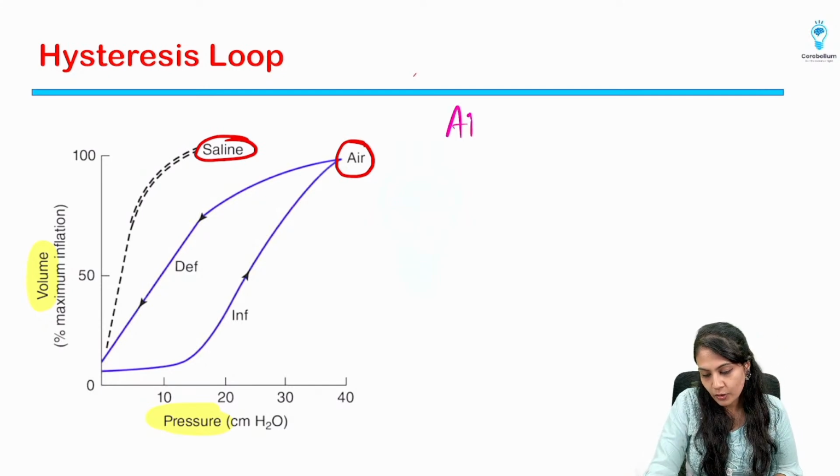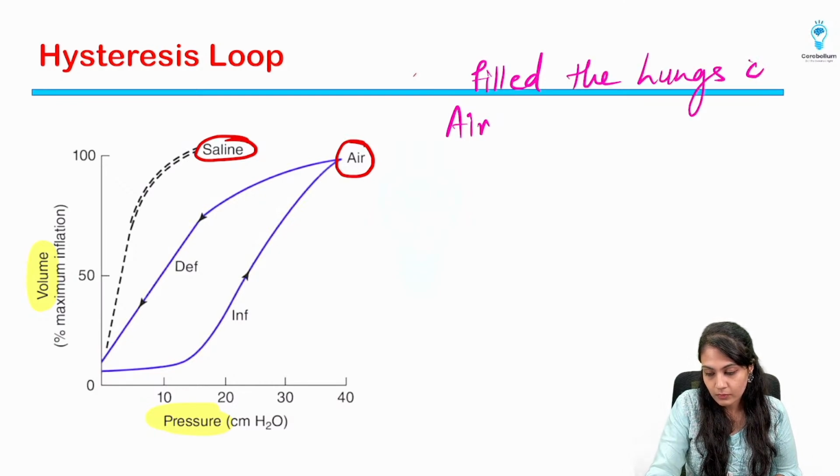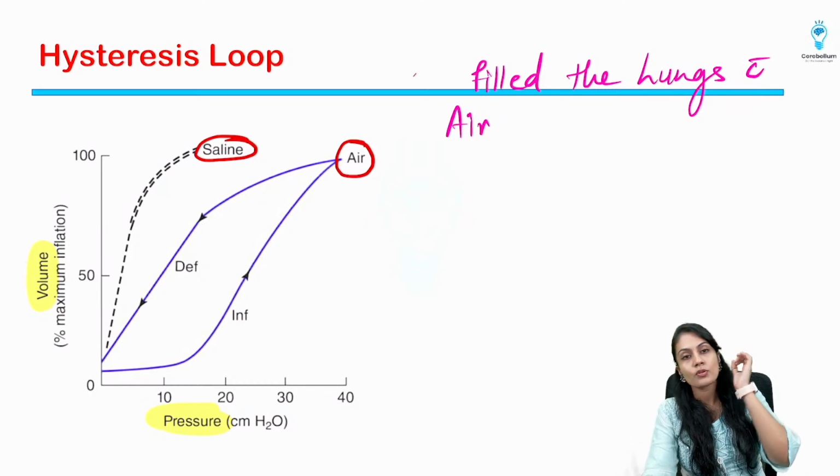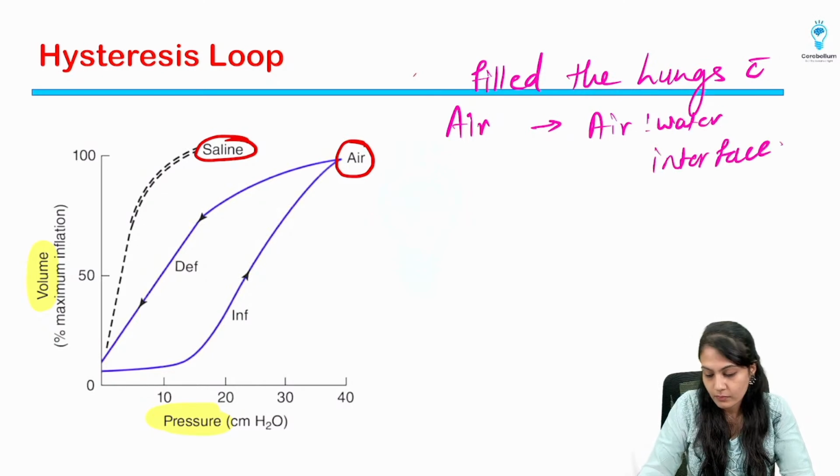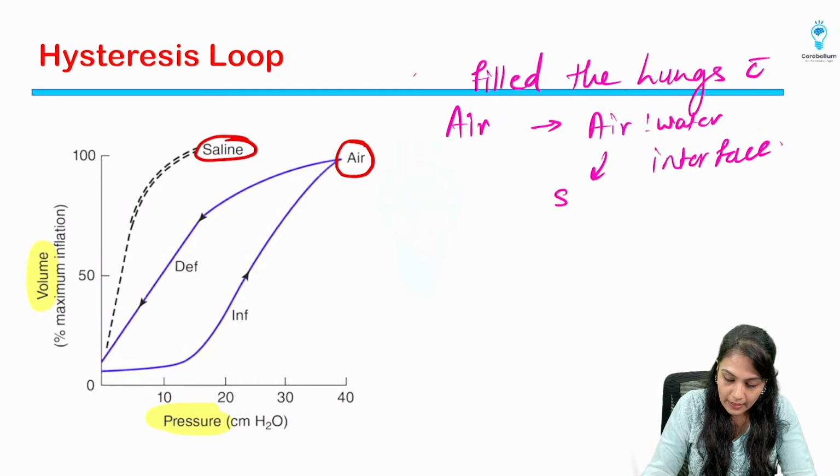So whenever you fill the lung with air, what is going to happen? There will be an air-water interface, and because of that you have to act against the surface tension.